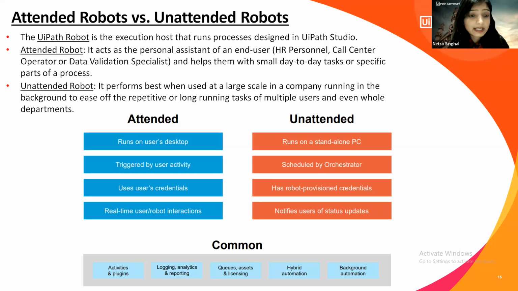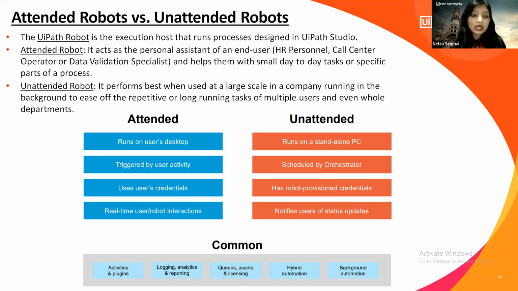And what is unattended? Unattended robots come into the picture when you want to run very large scale automations, or you want to run something in the background, very repetitive processes, you want to schedule it, and multiple users are involved.